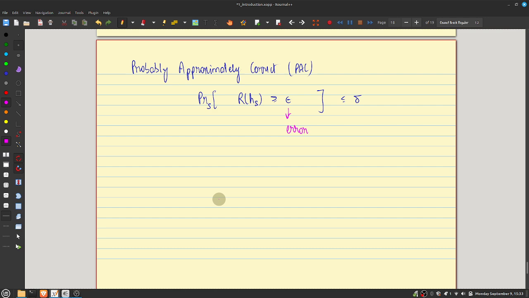So now the goal is to come up with a training algorithm such as the empirical risk minimization algorithm, which performs well. And the performance of a training algorithm is measured using this probably approximately correct principle. So what you want is that the empirical risk or the generalization error should not be too large, so it should be approximately correct. But you can't say that you will be approximately correct all the time, because your training set is random.